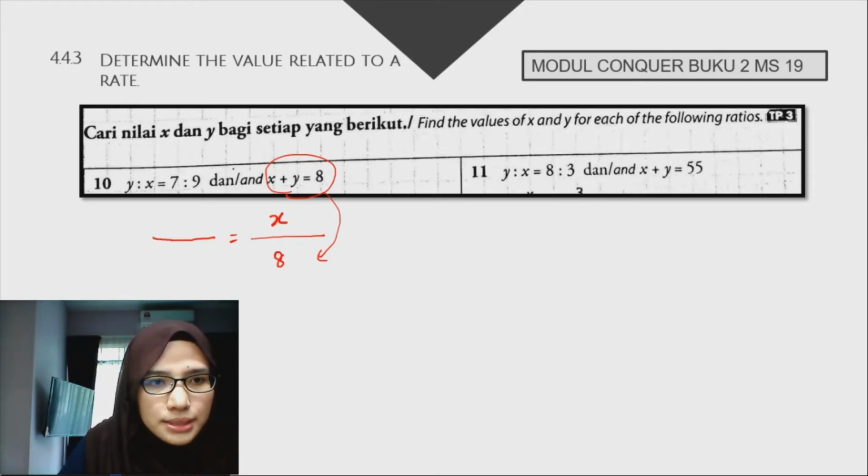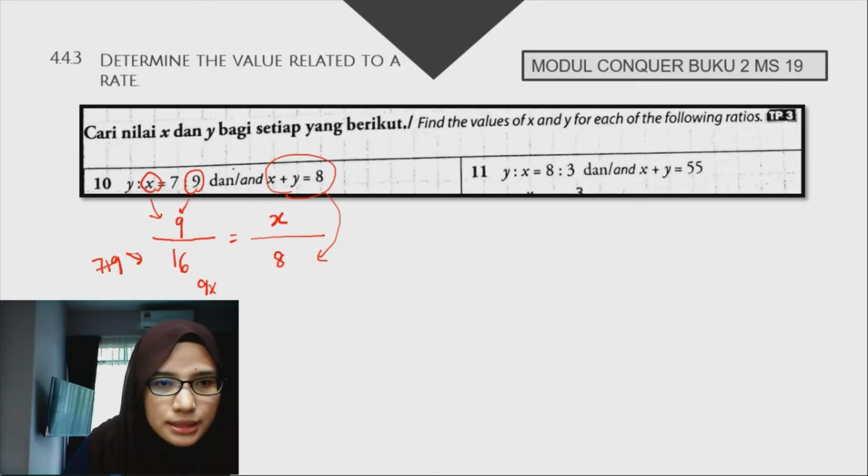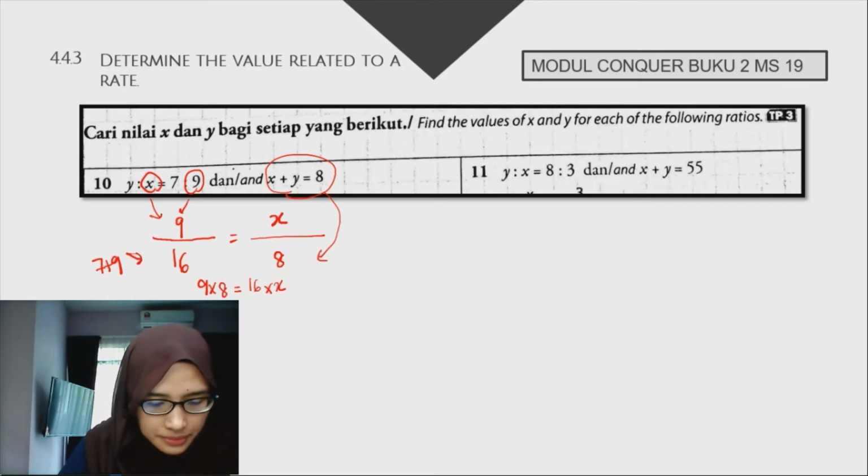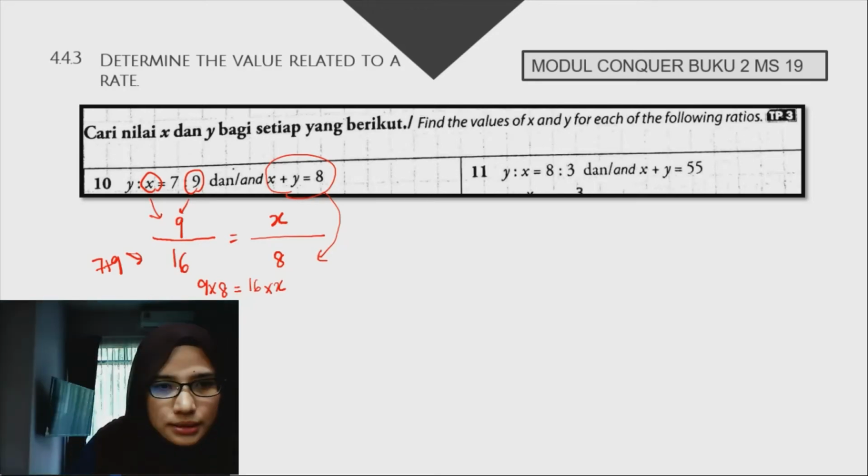Okay, this one, what we need to write here is 7 plus 9, that is your ratios, 16. And your right hand side is x, so we use 9 there. Left hand side must equal to your right hand side, so cross multiplication, 9 times 8 is equal to 16 times x. 72 is equal to 16x, so your x is 72 divided by 16.